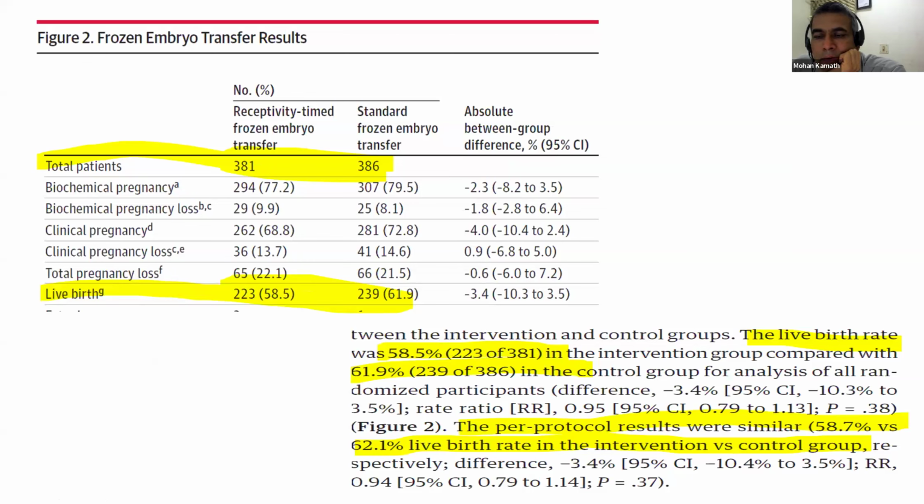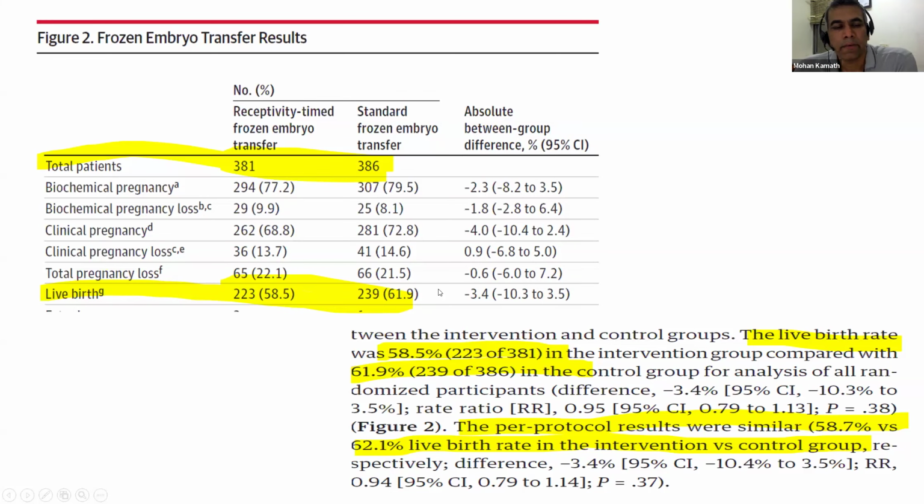So you can see here that in that chart, they have actually included all the women randomized, 381. So this is an ITT analysis. And you can see here the number of live births in one of the arms is 223, the other one is 239, 69, 61.